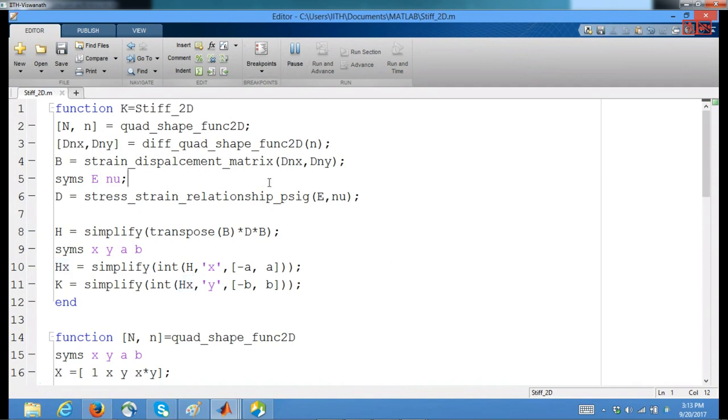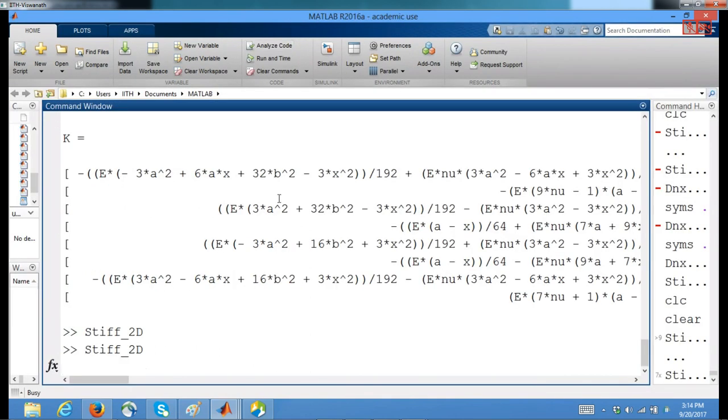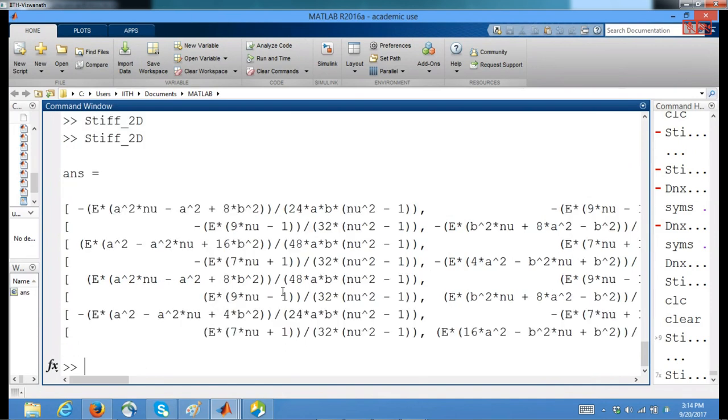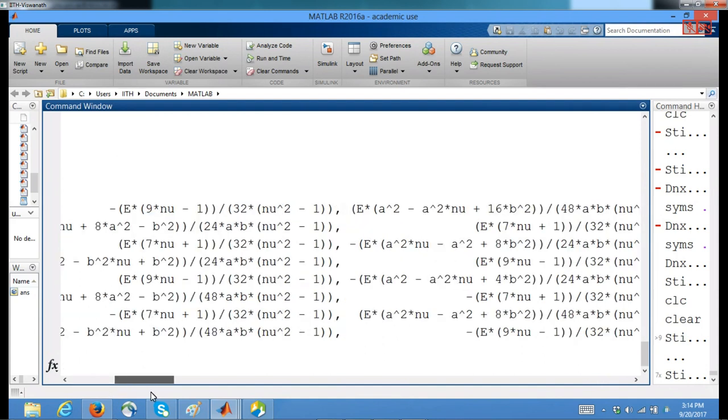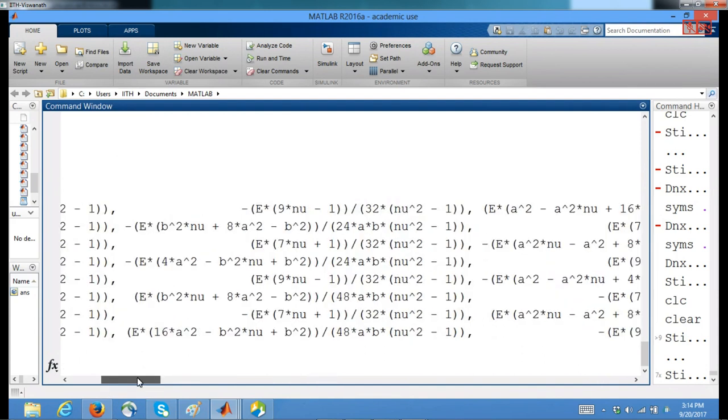This is how your K matrix would look like. So that's what you have to integrate. I will try to show it again pictorially.